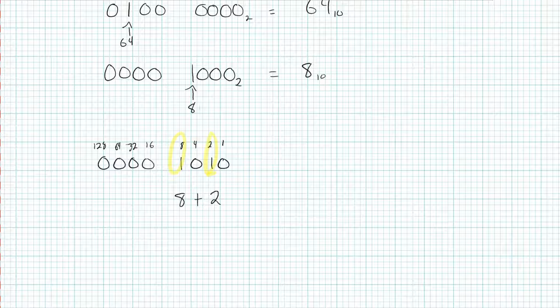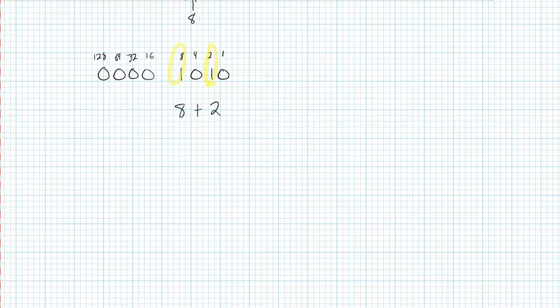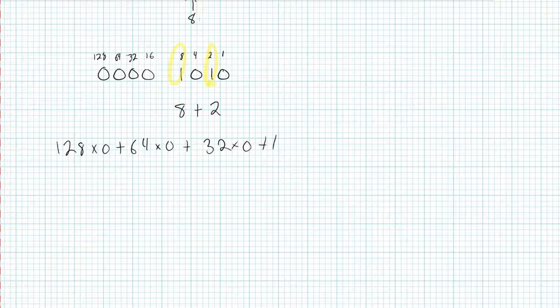If you want the mathematical reason for this, it's because to calculate this value, we would do 128 times 0 plus 64 times 0 plus 32 times 0 plus 16 times 0 plus 8 times 1 plus 4 times 0 plus 2 times 1 plus 1 times 0.